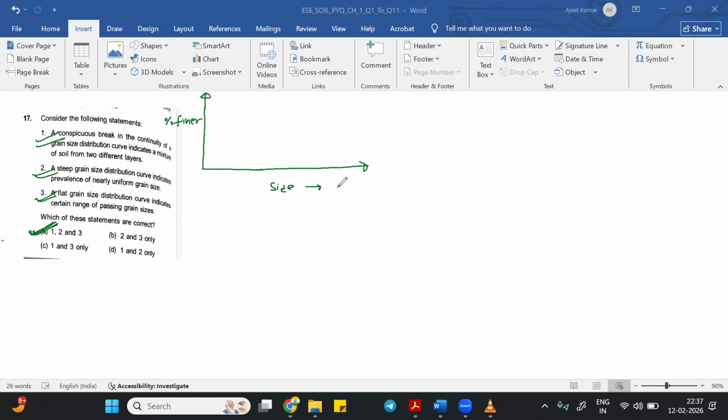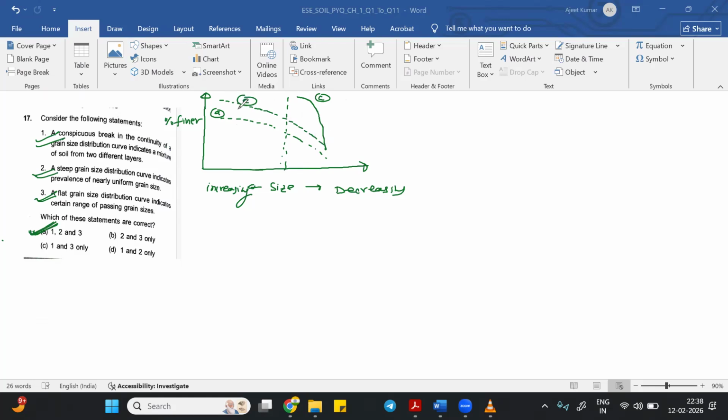In this side, size is decreasing, and in this side, size is increasing. Okay, so if the curve looks like this, this curve is C, and if the curve looks like this, suppose it is A, and this is exactly following the same fashion.